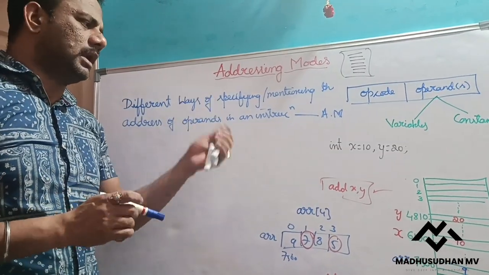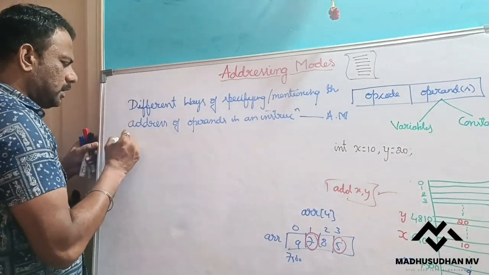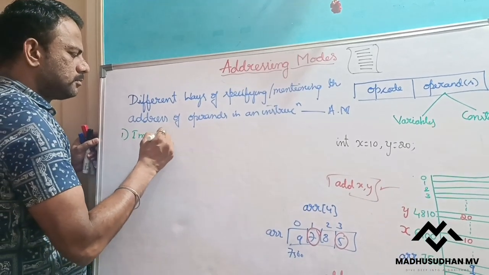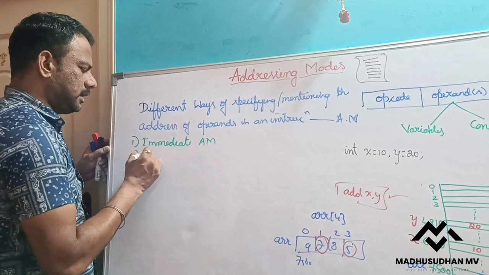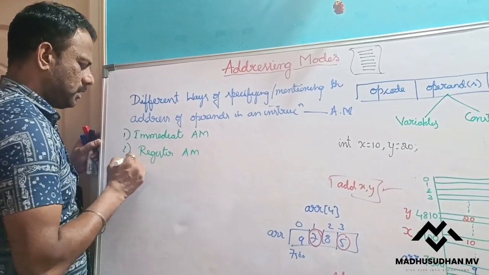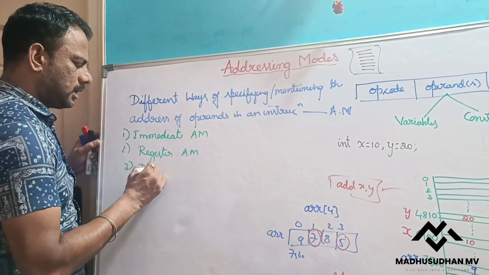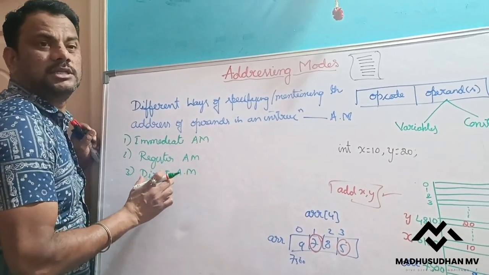Okay, now there are totally 10 different addressing modes. So the first one is what? Immediate addressing mode. The second one is register addressing mode, and then direct addressing mode. This direct addressing mode is also called absolute addressing mode.